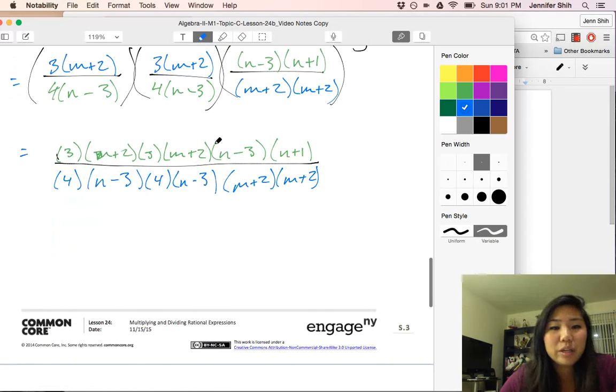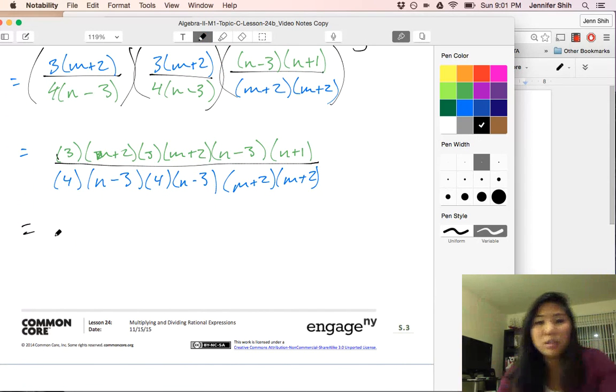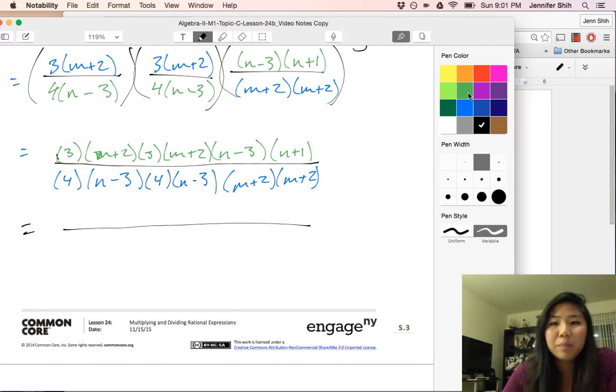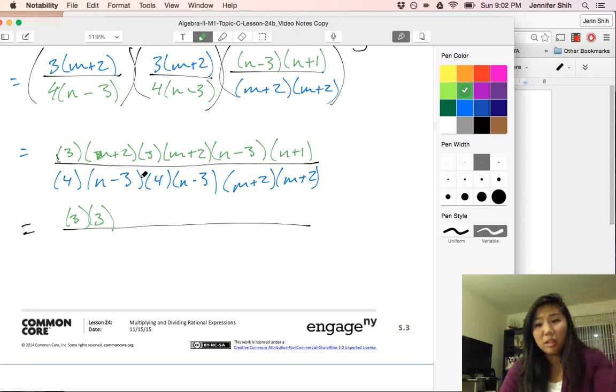Okay, let's rewrite all of these factors so that we can cancel out a ones. So I'm going to draw a big fraction bar again, and I'm going to move all of my numbers to the front or to the left, because I want to see what I can cancel out from there.